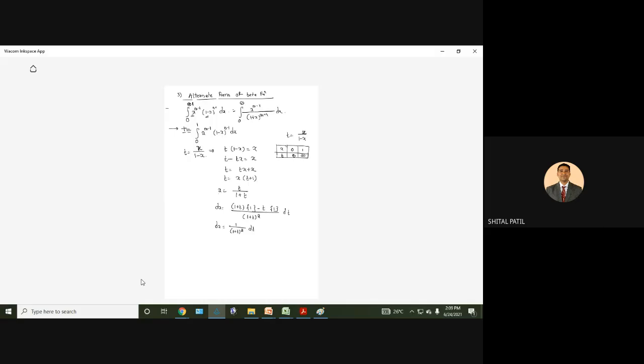So dx is known to us, x is known to us, and 1 minus x is known to us.